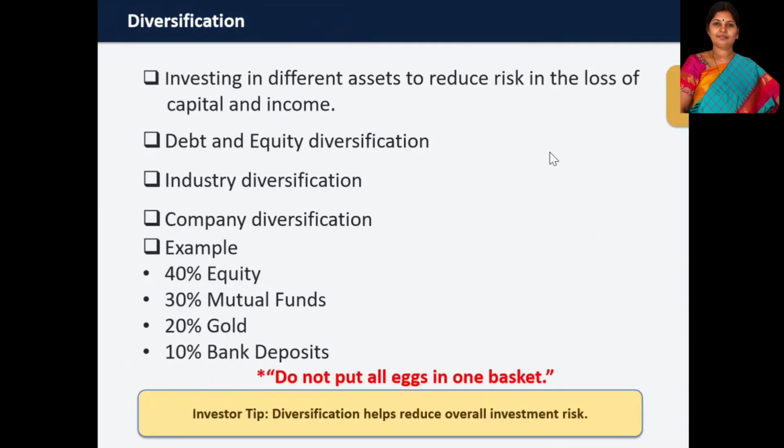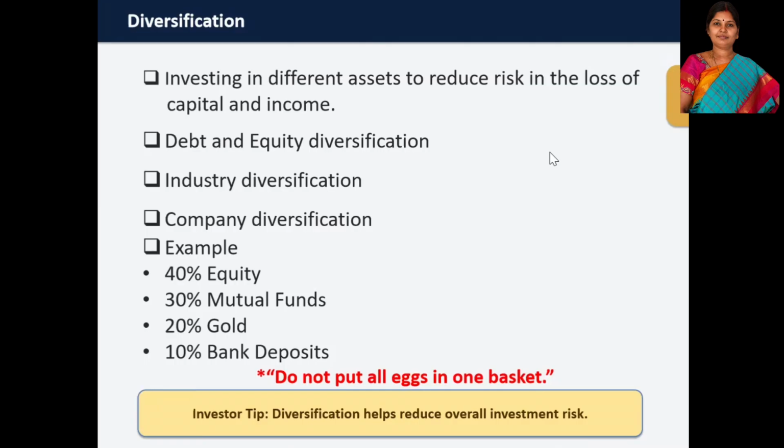I will explain about diversification. Investing in different assets means here you are investing in shares, bonds, debentures, mutual funds, fixed deposits, gold, silver, land, right? Like this, you will invest in different assets. This will reduce your risk in the loss of capital and also income. So here I gave you first diversification, what? Debt and equity diversification.